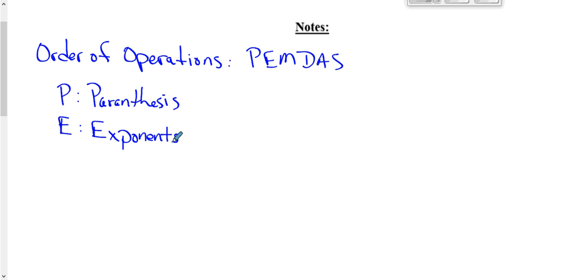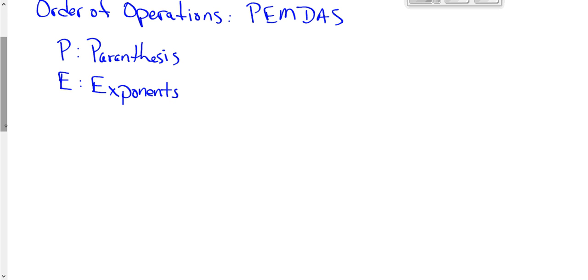Exponents, like squaring and cubing, right? Like 5 squared is 5 times 5, yeah? Right? 25, okay? What does the M stand for? M is multiplication.